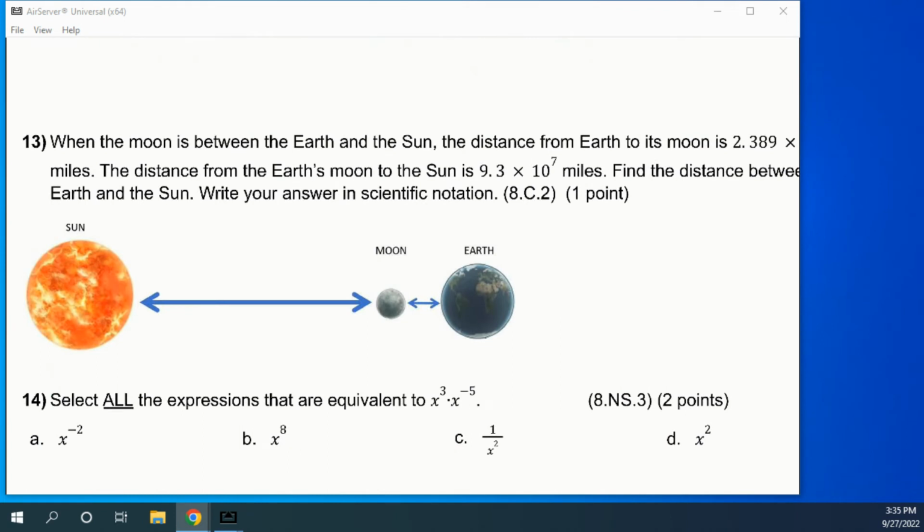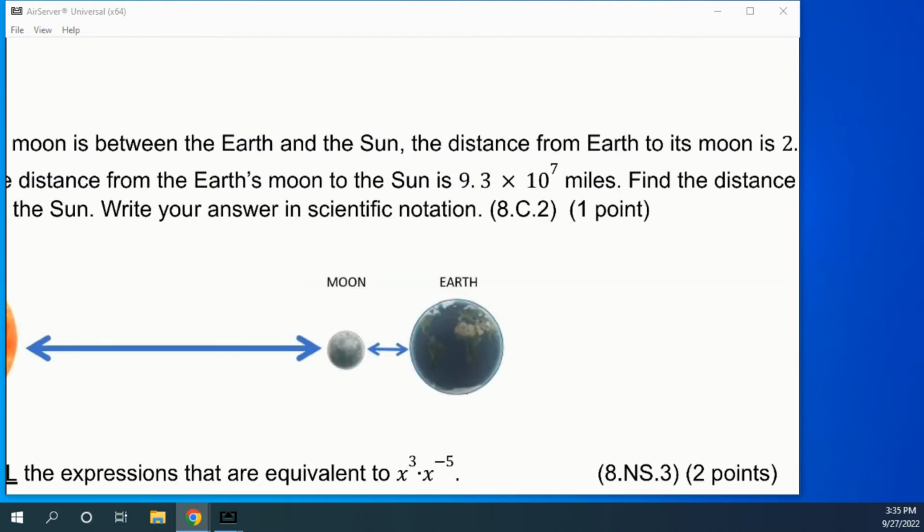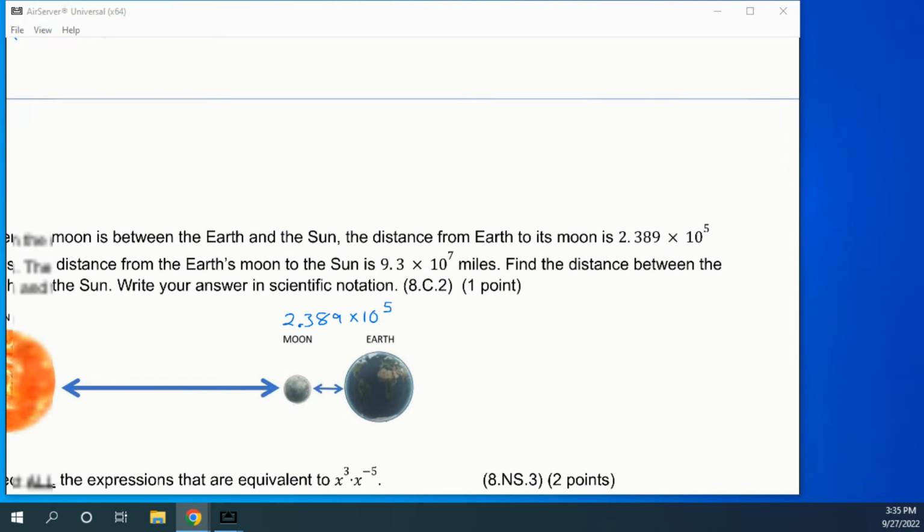When the moon is between the earth and sun, the distance from earth to its moon is 2.389 times 10 to the fifth. I might write that here. So earth to the moon is going to be 2.389 times 10 to the fifth power. That's that distance there.